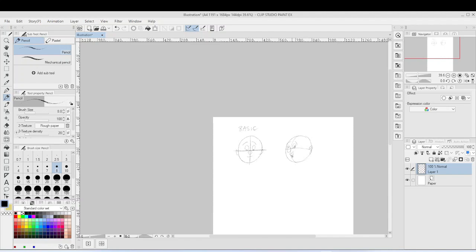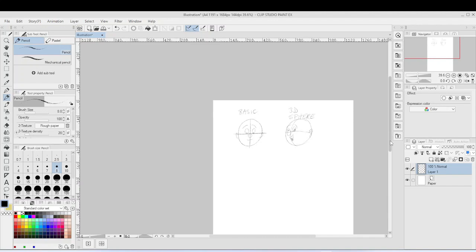The second one shows you the kind of 3D-ness, the sphere of how heads are. But they're not, if we're honest, even though that's quite nice, quite attractive, and you can build characters from it, it's not how heads are.